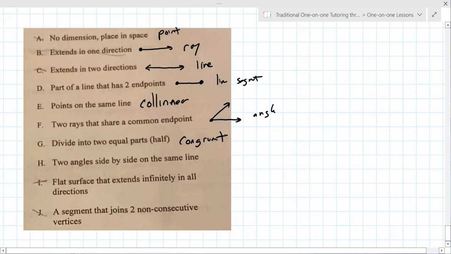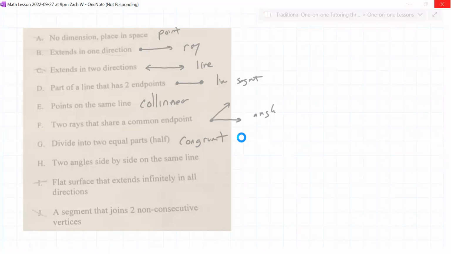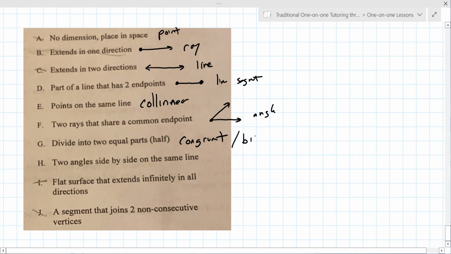We just said that they're equal. So saying something like bisector would be incorrect? No, that is correct, because it does exactly what you just said. It cuts it into two equal parts. So would both of those technically work? Yeah, I would accept both.